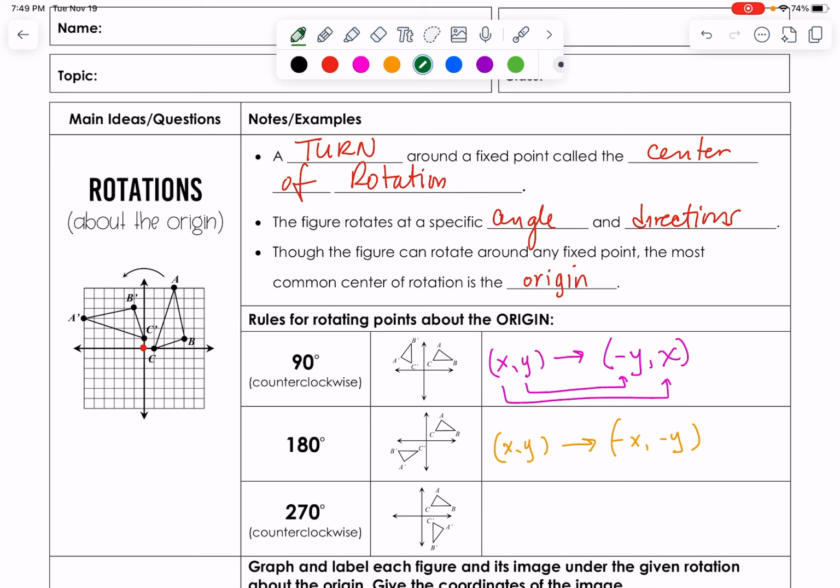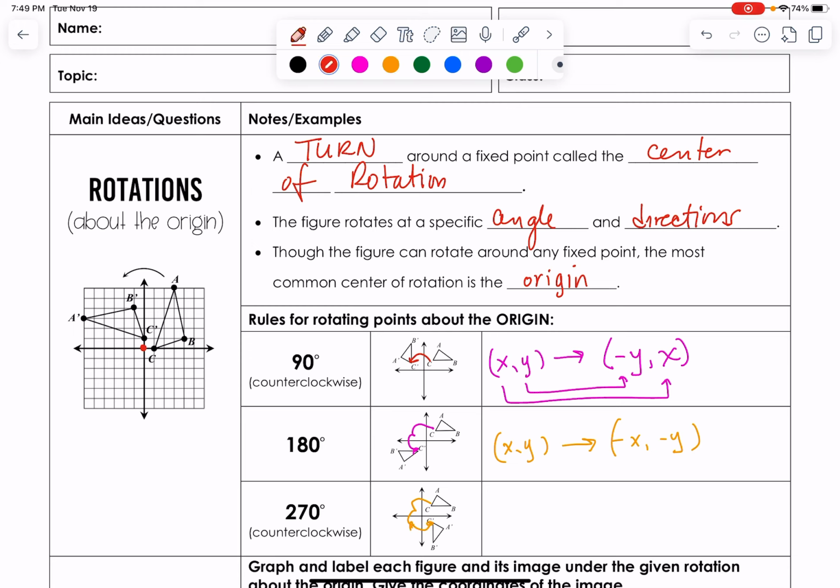And the last one, 270 degrees, so let's go back here. 90 is just going one quadrant. 180 is going two quadrants, so we go here and then here. So that's 180 degrees. And the last one, we go three quadrants: 1, 2, 3.